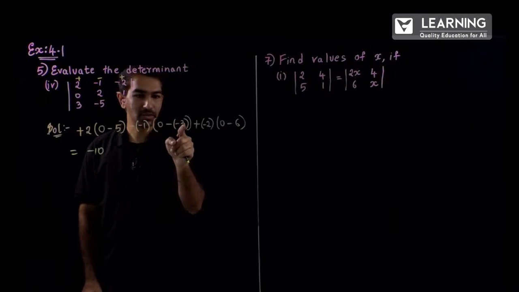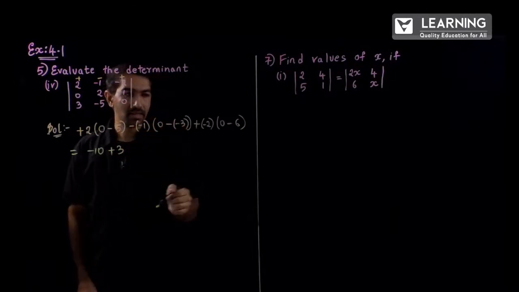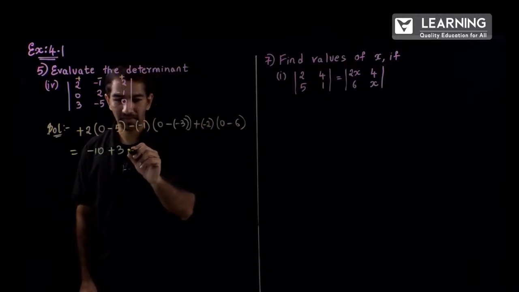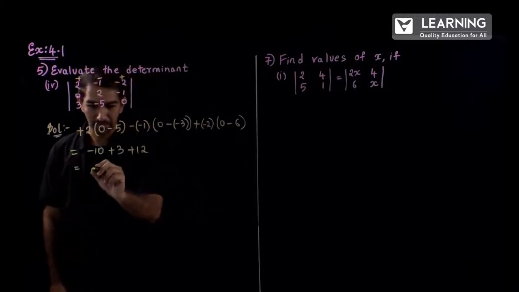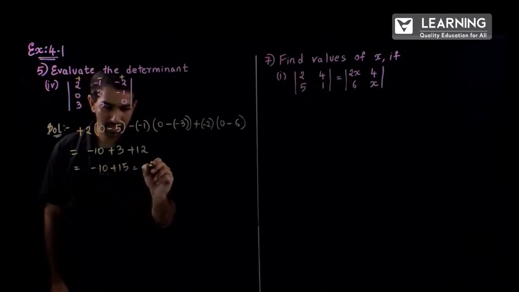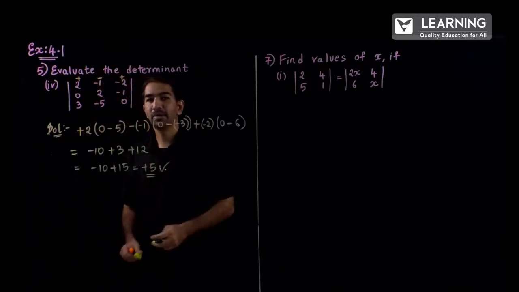So plus 1 into plus 3, that will become plus 3 only. Next would be plus into minus is minus. Minus 2 into minus 6, so that will become plus 12. Right? So which is equal to minus 10 plus 15, which is equal to plus 5. This is the value of the determinant. So this will be your right answer.